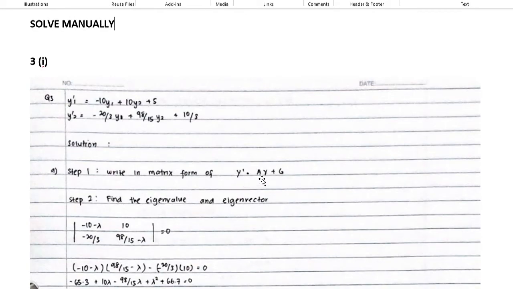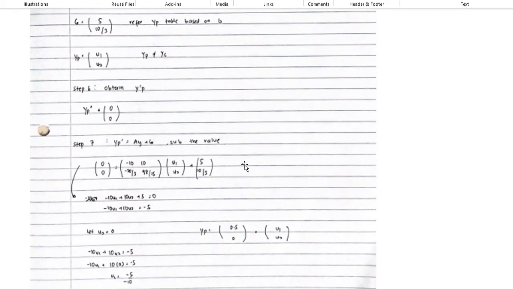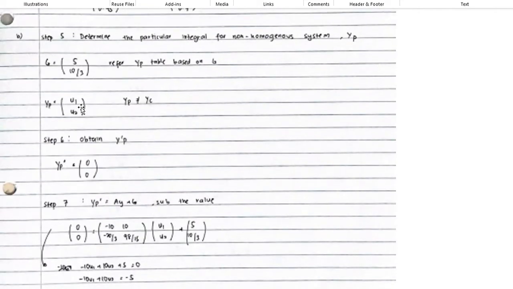This part belongs to YP. We sub the value back, and after we sub the value, we will get this one. The value of YP prime and Y is YP, this part.